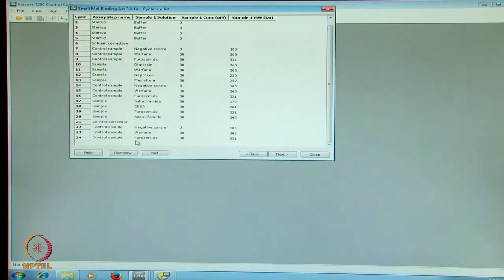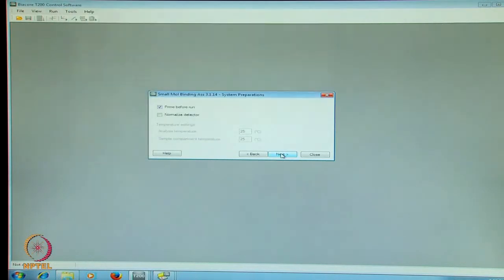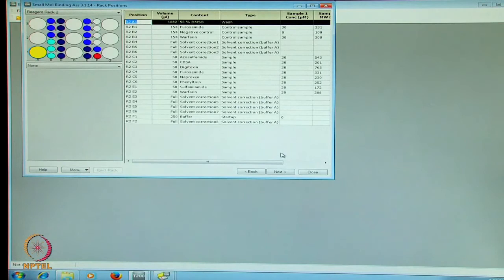And finally another round of control samples injected. So once we are done with that, we highlight prime before run, and this is how we prepare the template for the experiments.